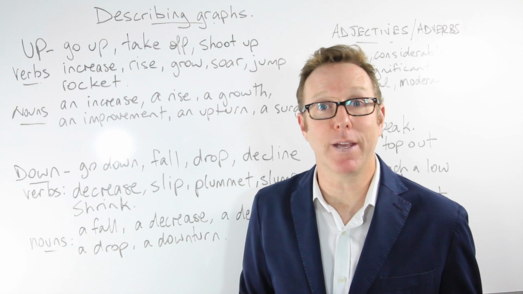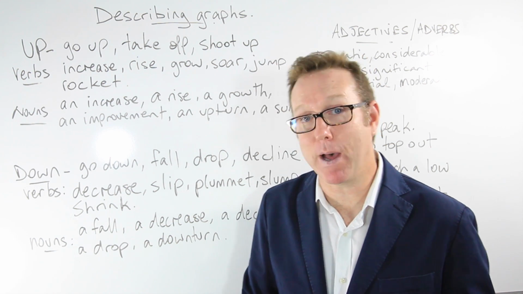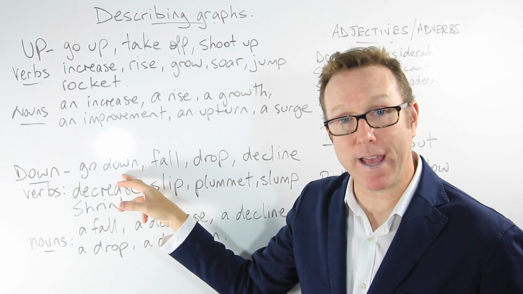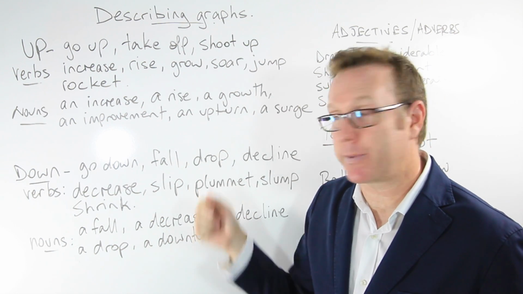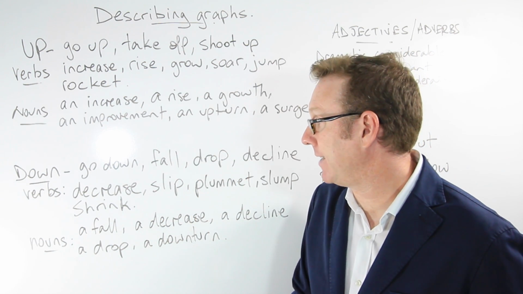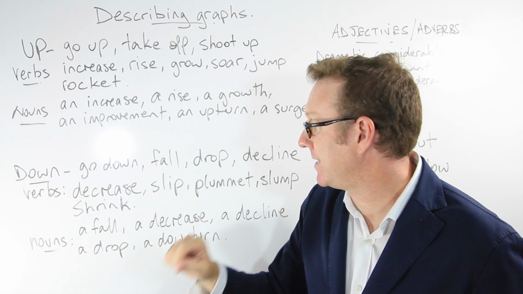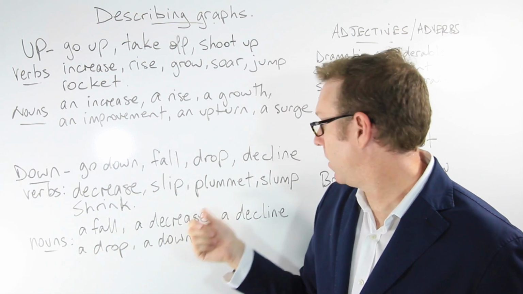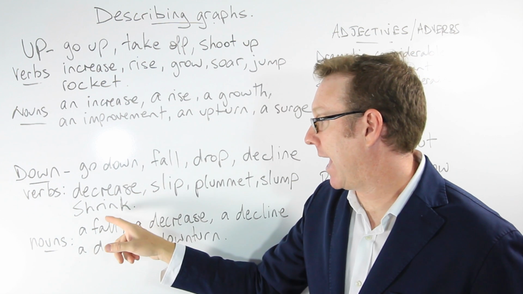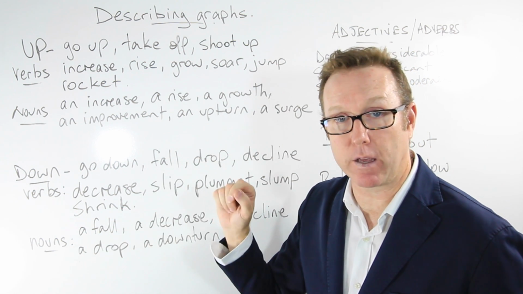So, putting it into an example, we would say that last month sales went down, sales fell, sales dropped, sales declined, sales decreased, they slipped, they plummeted, they slumped, and they shrank.